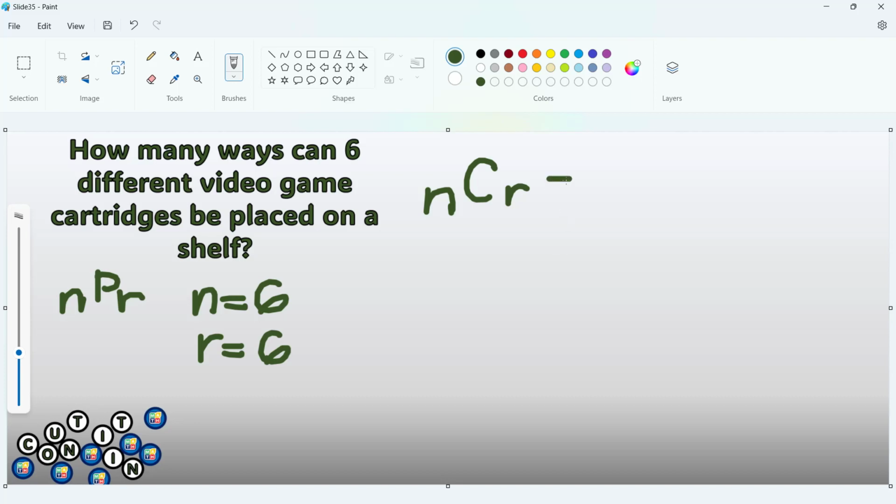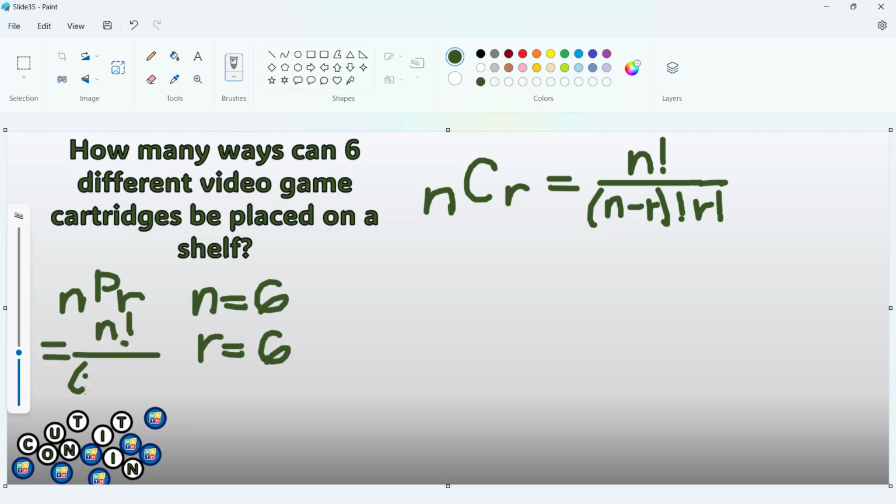The formula for the combination is n factorial over n minus r factorial times r factorial. This is different because in permutation it's simply n factorial over n minus r factorial. We don't have the term r factorial for our combination. That's what makes it different, and see that it's in the denominator, hence we are decreasing the number.